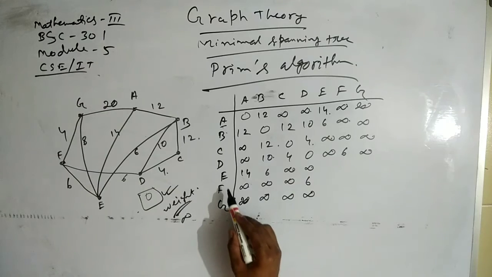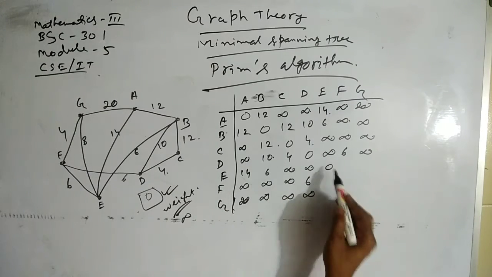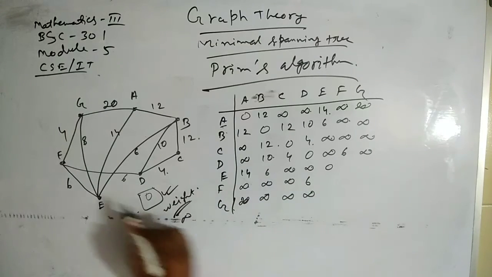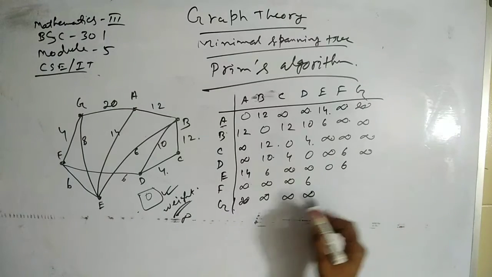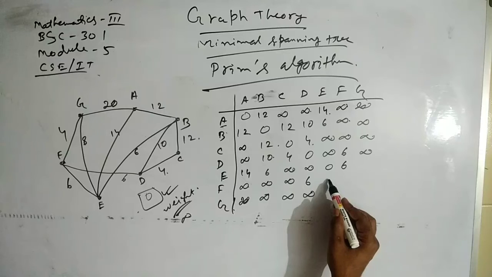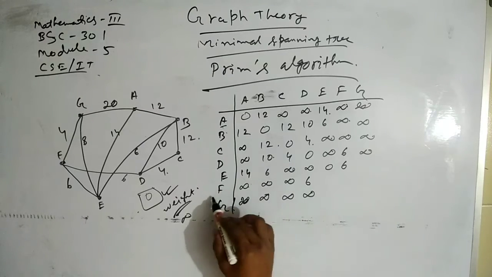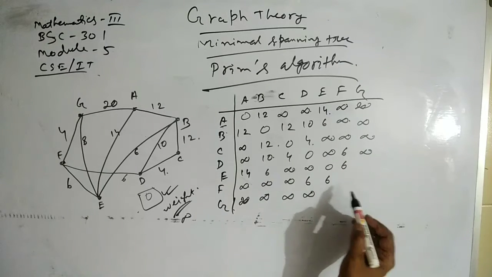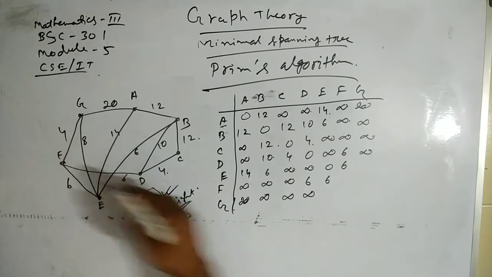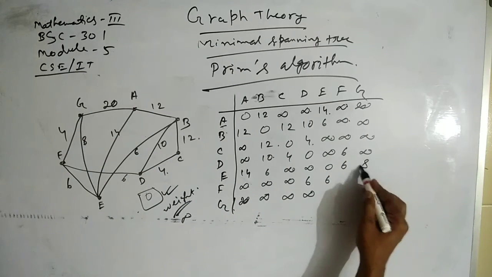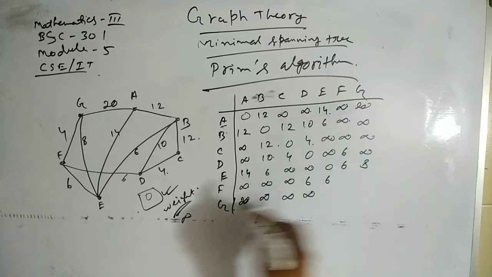Next, E to E 0. E to F there is an edge with weight 6, so F to E will be 6. And E to G there is an edge with weight 8, so G to E will be 8.